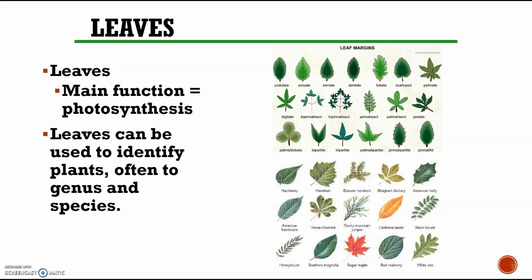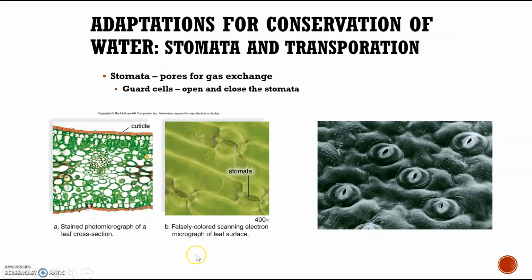So, unlike our gymnosperms, angiosperms have wide, flat leaves. Their main function is photosynthesis, and they can be used to identify plants down to the genus and species. So these plants are performing photosynthesis.